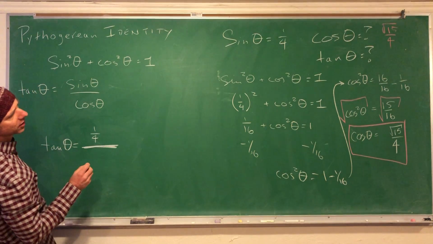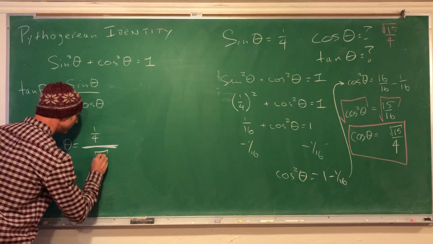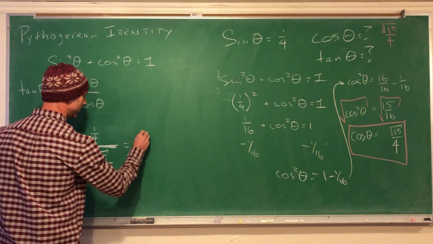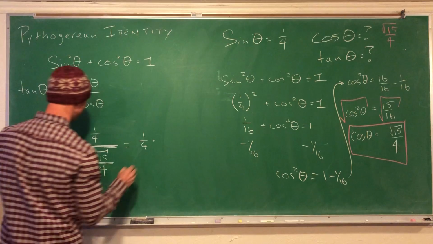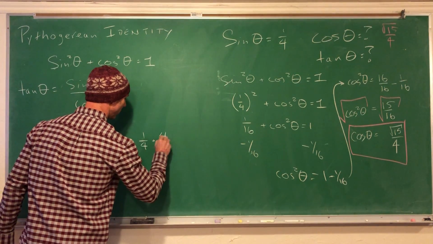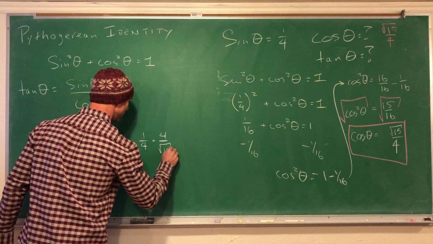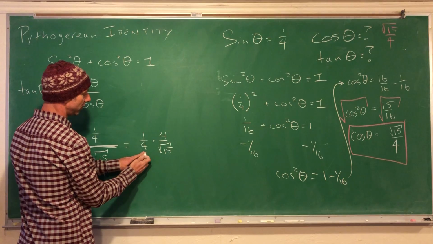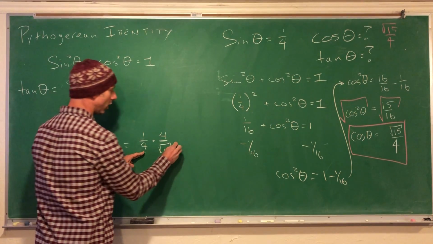So 1/4 divided by root 15 over 4, which is 1/4 times, and we're going to flip it, so it's 4 over square root of 15. 4 divided by 4 simplifies to 1.